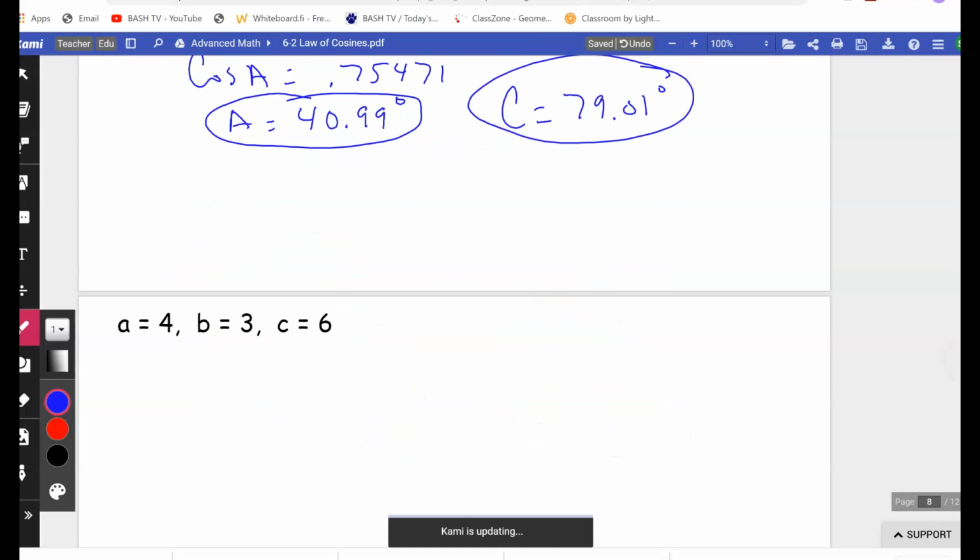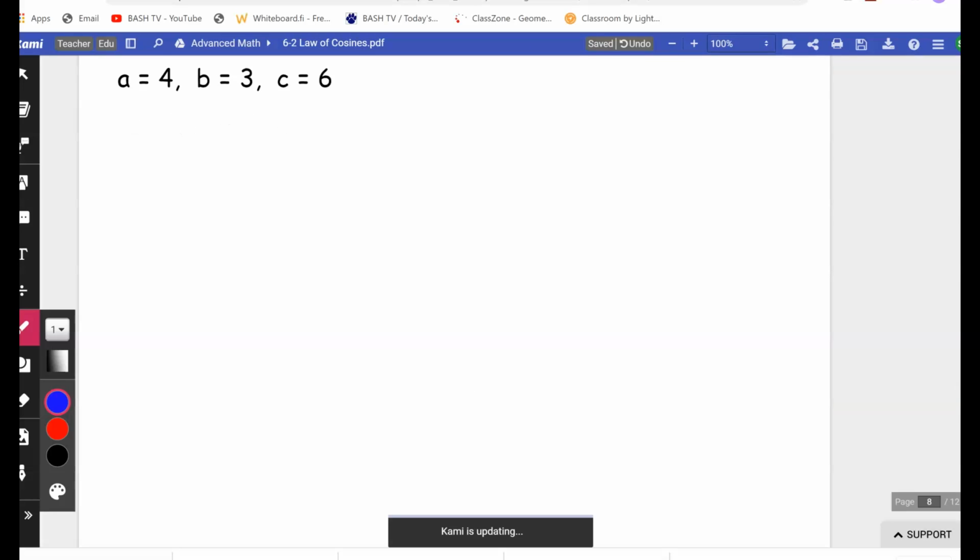One more example. Okay. And this is the SSS case, all three sides. So we got to solve for an angle. It really doesn't matter which angle you solve for. So I'm just going to start with A. Okay, and that's b squared plus c squared minus a squared all over 2 times b times c.